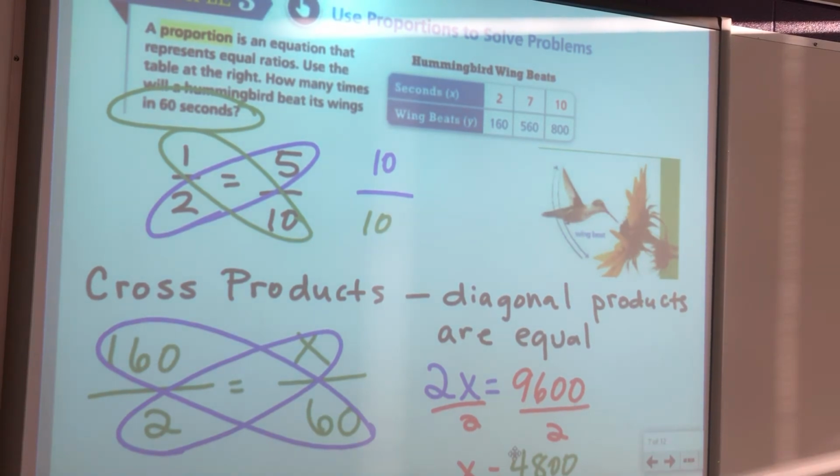Is there another way we could do this problem? Zach, what do you think?